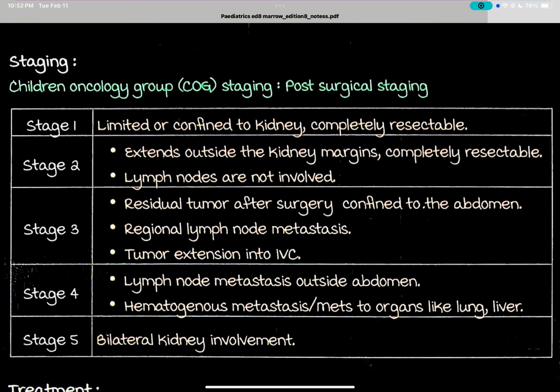Stage 3: residual tumor after surgery, confined to the abdomen, regional lymph node metastasis, tumor extension into the inferior vena cava. For any cancer you have to remember stage 3. Stage 4: lymph node metastasis outside the abdomen, hematogenous metastasis, mets to organs like lung and liver.